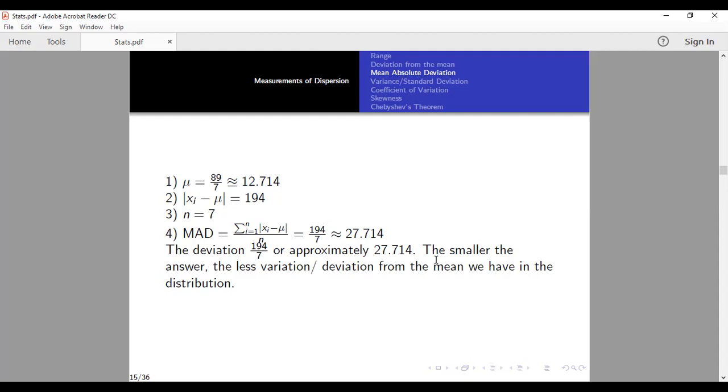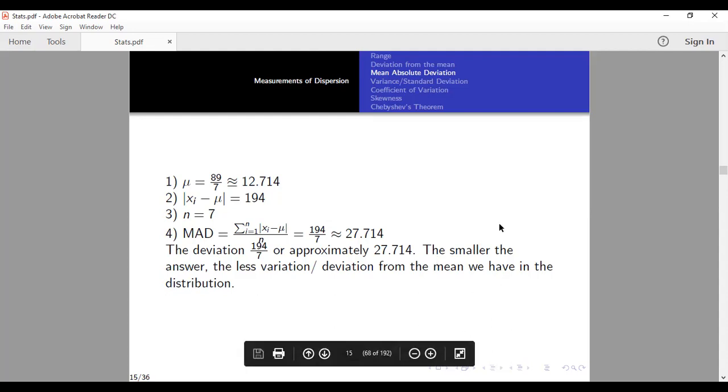Therefore, we don't know if they will be closer to the mean or away from the mean. All we know is that we will have values. So we want the smallest variation or deviation possible.